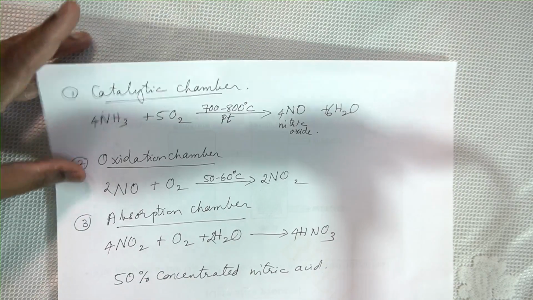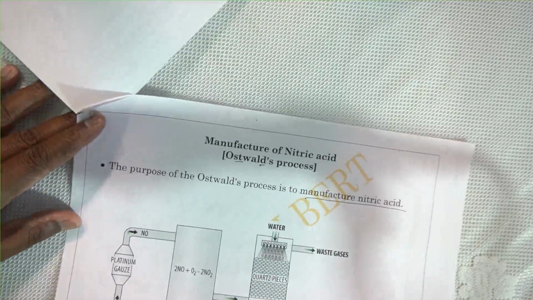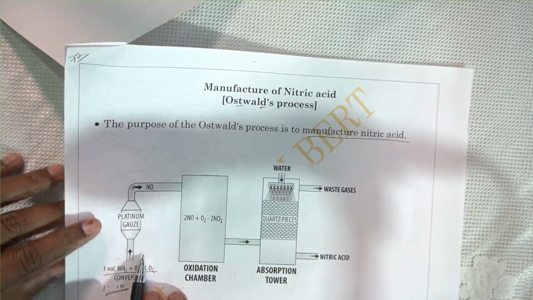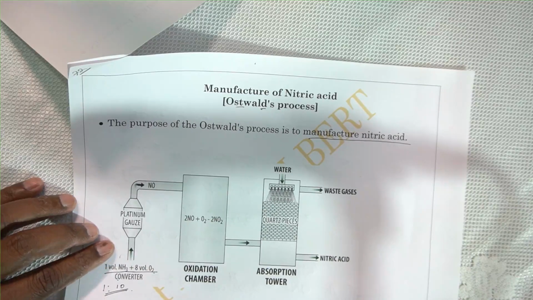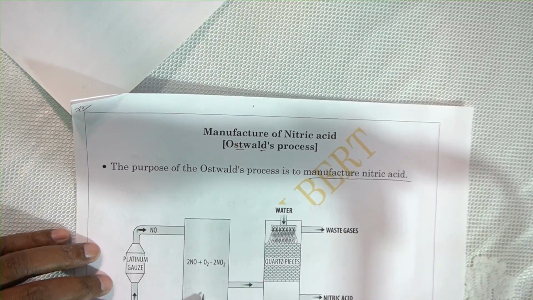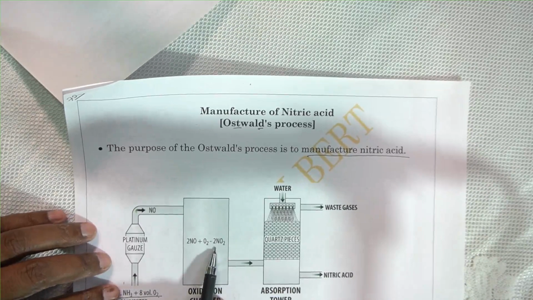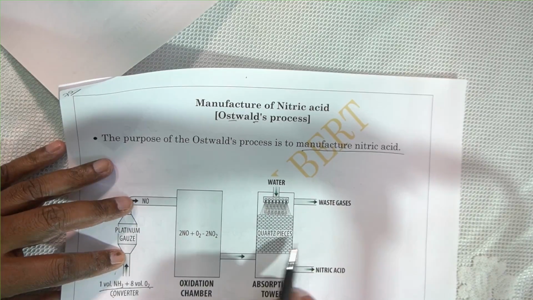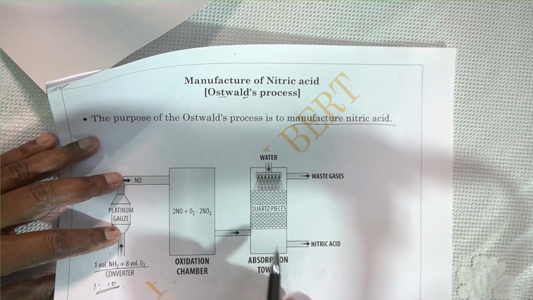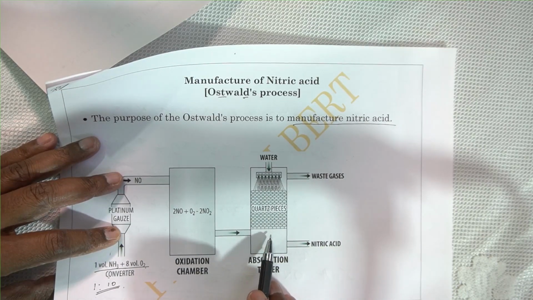Now these are the reactions. If you check the diagram, here is the catalytic chamber where ammonia combines with oxygen giving nitrogen monoxide and water. In the second chamber, the oxidation chamber, the nitric oxide combines with oxygen giving nitrogen dioxide. The third is the absorption chamber where water comes from the top and the gases move from the bottom towards the top.